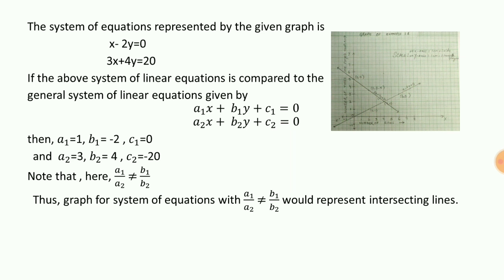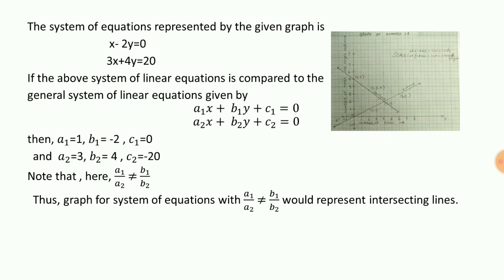Let us try to put them in the general form of a1x plus b1y plus c1 equal to 0. Here we will get x minus 2y equal to 0 and 3x plus 4y minus 20 equal to 0.